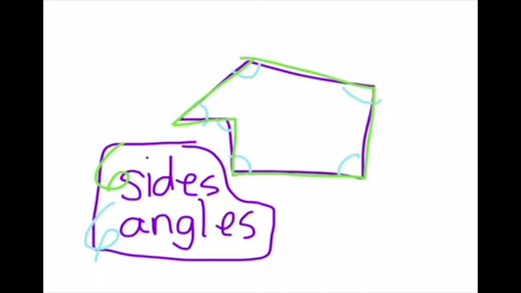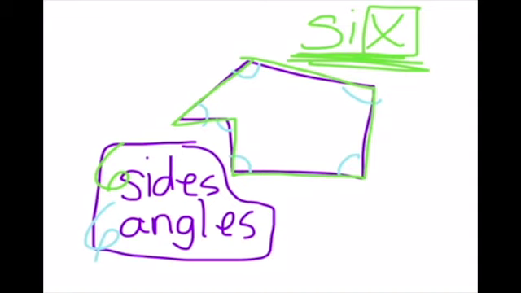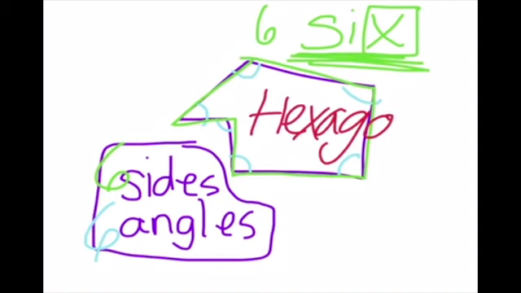So something with 6 sides and 6 angles. Oh, I remember a polygon that had an X in it, like the word six has, right? What shape was that? That was a hexagon. So that's what this polygon is, a hexagon, because it has 6 sides and 6 angles.